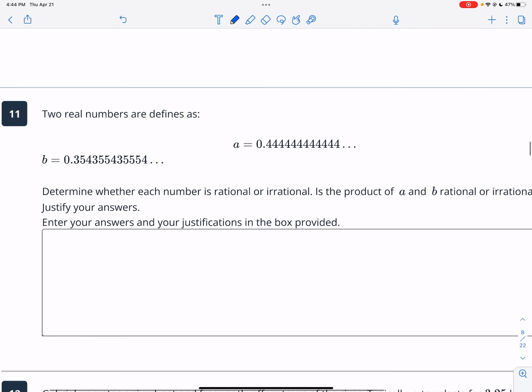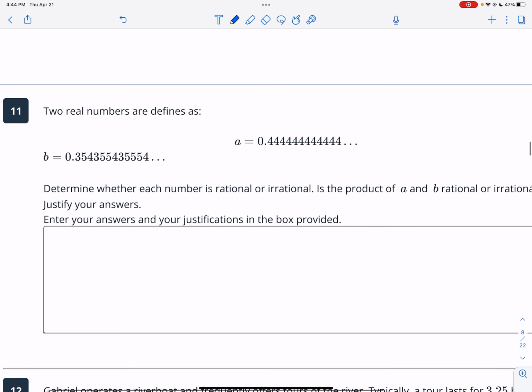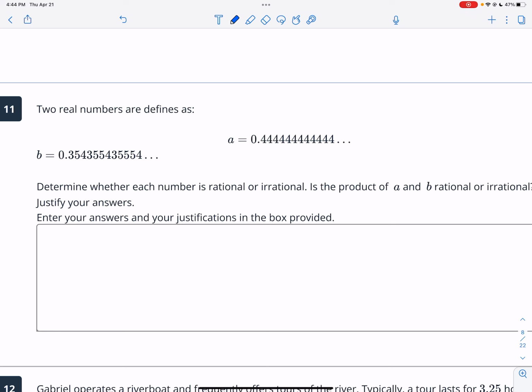Now, one thing that you could do, and remember, if you multiply two numbers where one of them is rational and one of them is irrational, your final answer will be irrational. My reasoning for this is different than the reasoning in the video that I'm going to send out, which I haven't gone through the whole thing, but I know that they talk about just putting it into the calculator and then explaining that, which you could totally do. You can put this into the calculator, multiply them, and see that it's irrational.